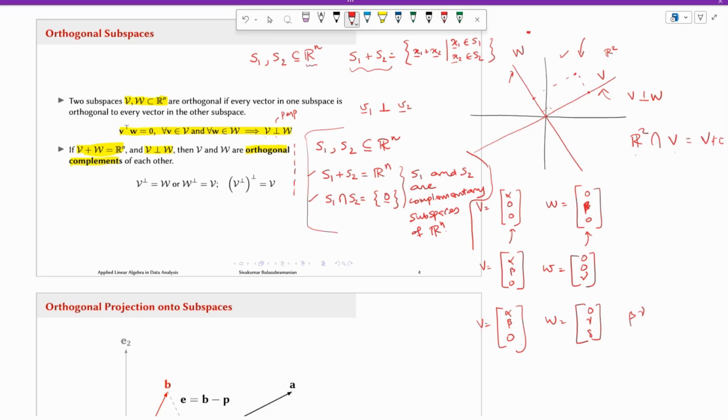I'm hoping this won't confuse you. Let's say we are only talking about the XY subspace. Do the X line and the Y line form complementary subspaces of the XY plane in R3? Remember, my parent space is not R3 anymore.